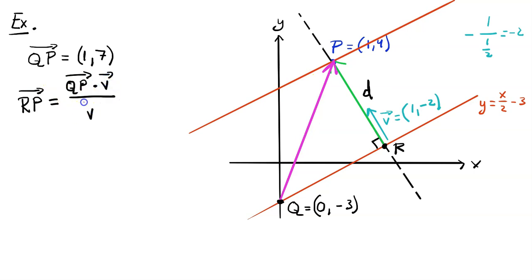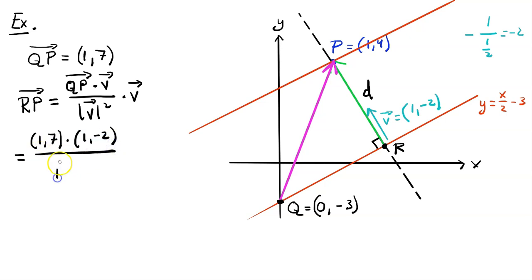So just plugging into the formula. Like this. Then we just have to put in QP is 1, 7, times 1, -2. And this is 1 squared plus -2 squared. And the square root cancels with the square here. And then 1, -2 again. 1 times 1 is 1.